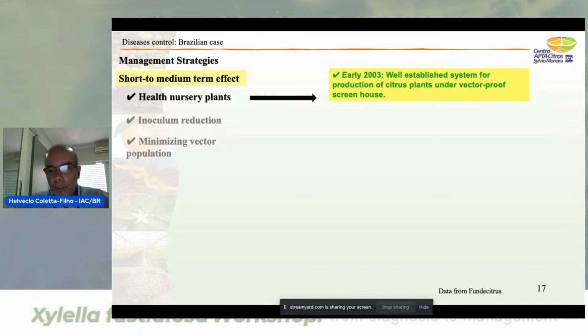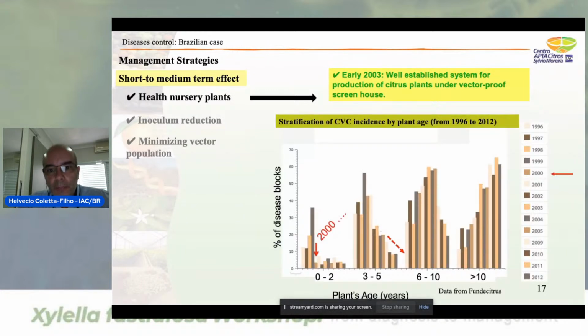But today you're talking about the short to medium term effect based on healthy nursery plants, inoculum reduction, and minimizing the vector population. Just remember that in early 2003, we established a system for the production of citrus plants under a vector-proof greenhouse.